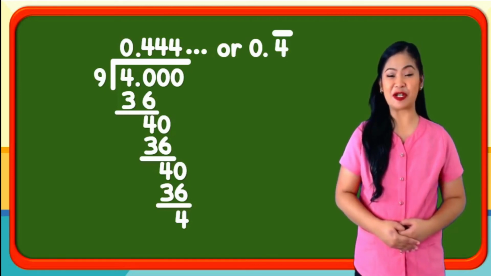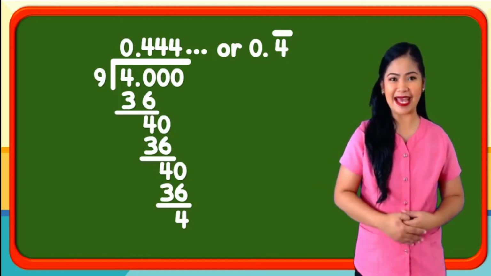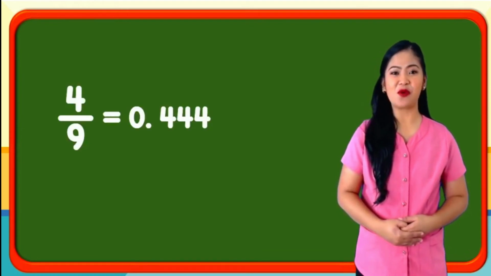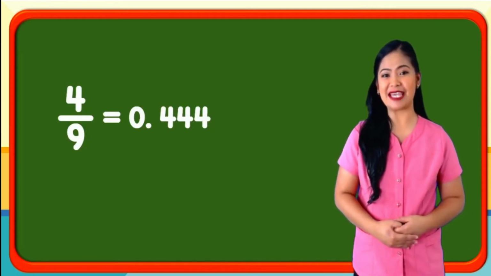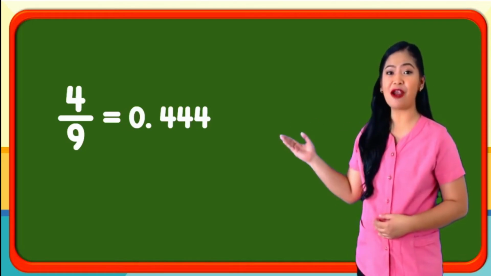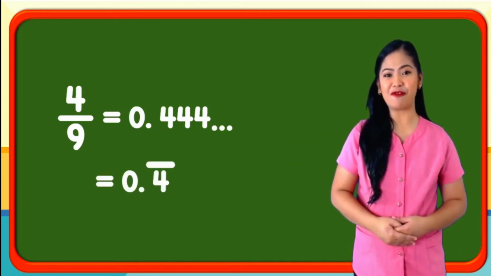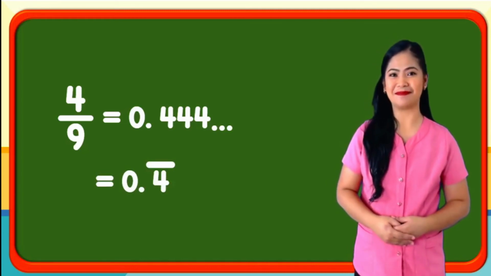These decimals are called repeating decimals. Thus, the final answer is 4/9 is equal to 0.444 with 3 dots or 0.4 with vinculum.